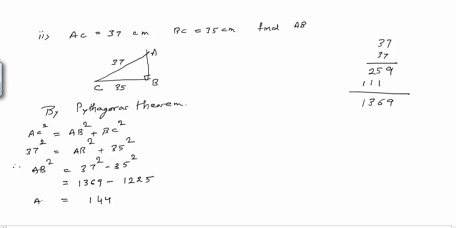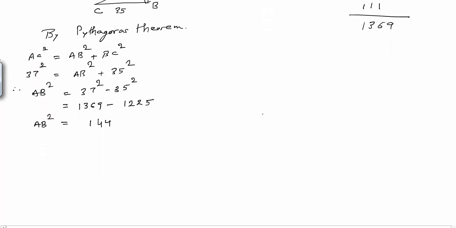So this AB square is 144. Therefore this AB will be square root of 144, which is 12. So my final answer will be, therefore, AB is equal to 12 centimeters.